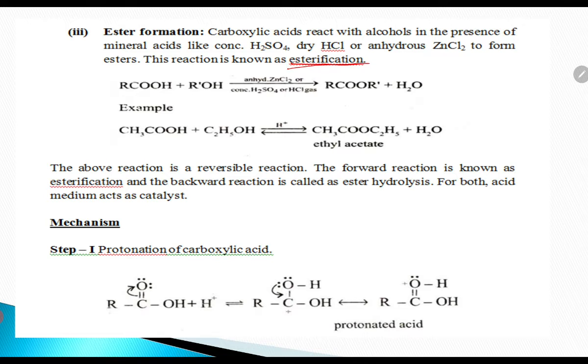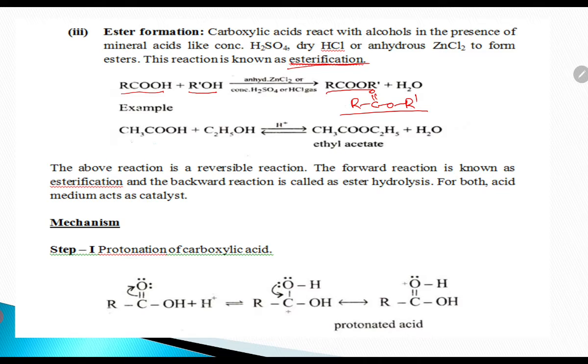See the general formula: RCOOH is the carboxylic acid, R'OH is the alcohol. When they react with each other, they give rise to esters, RCOOR', which is the general formula of esters, plus H2O.